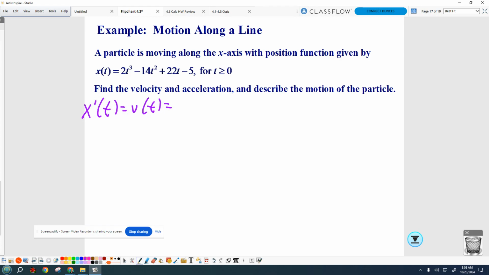What is that? 6t squared minus 28t plus 22. That's gross. Do I have any critical points? Still working on it. How do I find critical points? Find t equals 0.